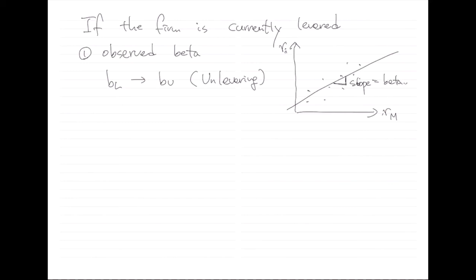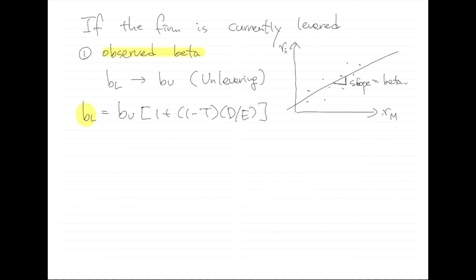We say this process is unleveling. So using the Hamada equation, BL, this levered beta we already calculated, and calculate BU: BU equals BL divided by 1 plus (1 minus T) times the debt to equity ratio.